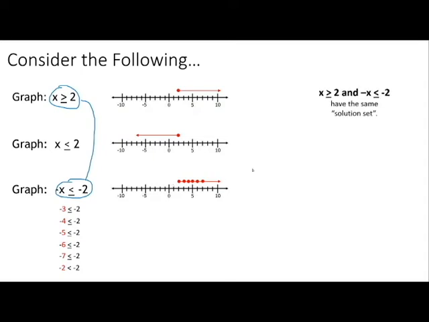In fact, if we say that x is greater than or equal to 2 and negative x is less than or equal to negative 2 have the same answers, we would say they have the same solution set. Keeping in mind that if we're talking about numbers that are greater than 2, when I look down here, those same numbers have opposites that are smaller than negative 2.